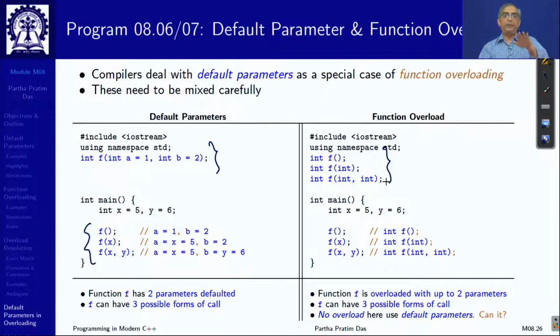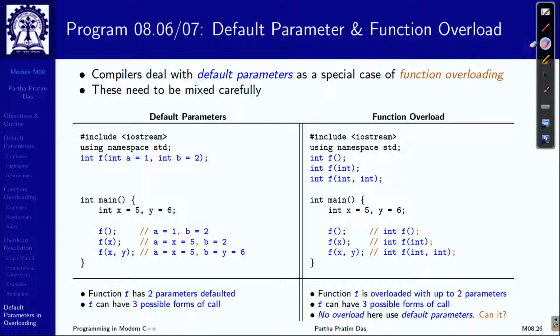So, default parameter is a semantically different entity, but it actually tells the compiler that you are doing an overloading in terms of the number of parameters and their types. Right. So, the default parameters are handled in the same way as the function overloading is handled.